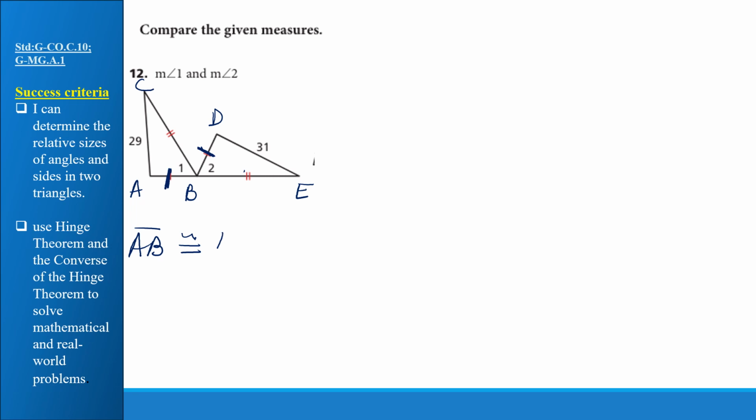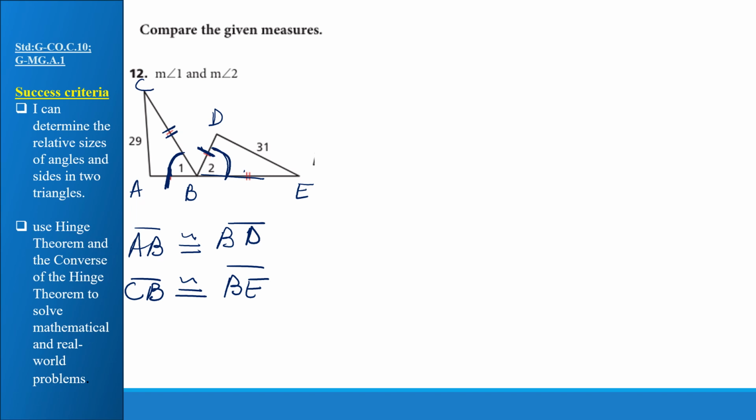The two other sides are congruent too: CB, which has two dashes, is congruent to BE, which also has two dashes.